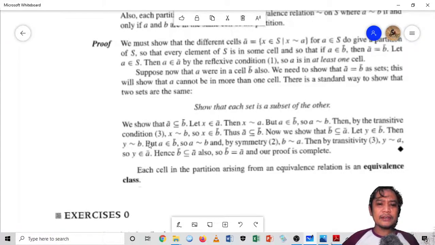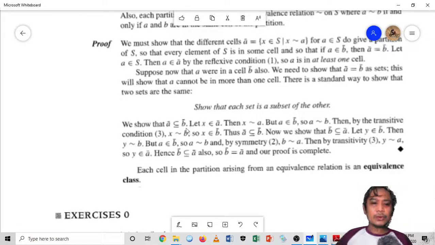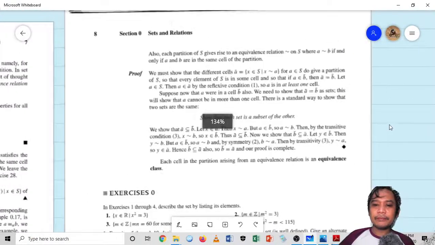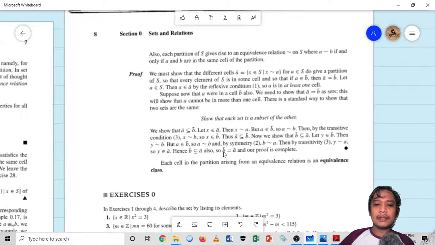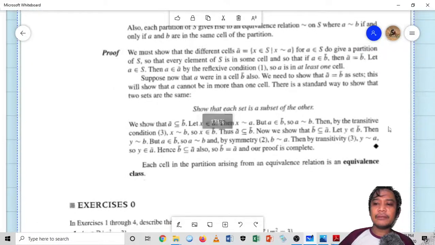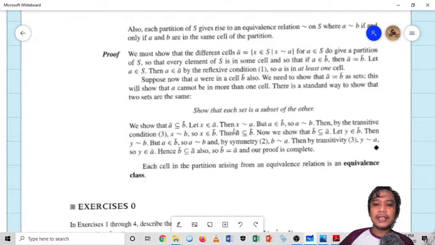So, first show that the cell containing A is a subset of the cell containing B. To do that, let us show that every element in the cell containing A is in the cell containing B. So, let X be an element of the cell containing A. If X is in the cell containing A, it would follow that X is related to A, by definition.